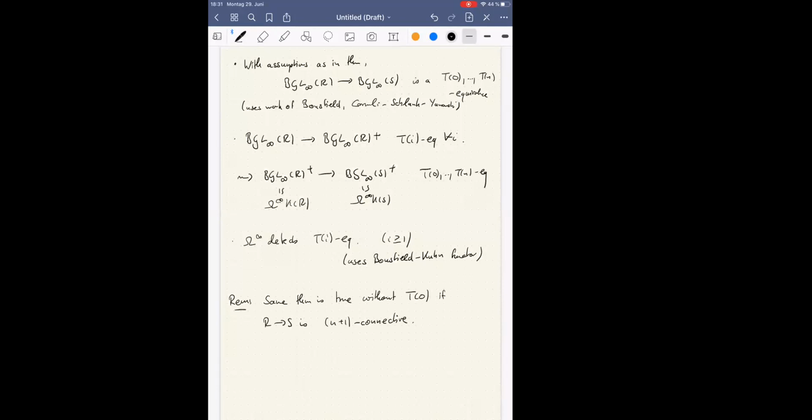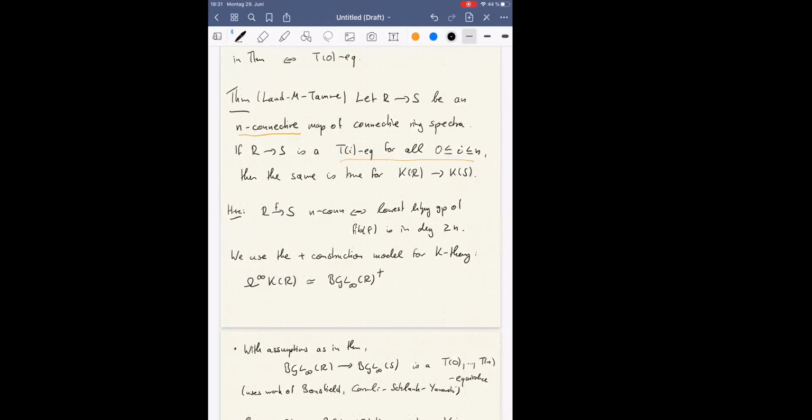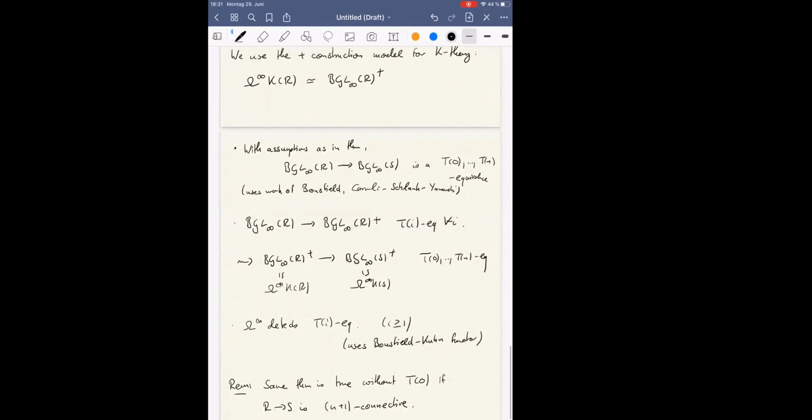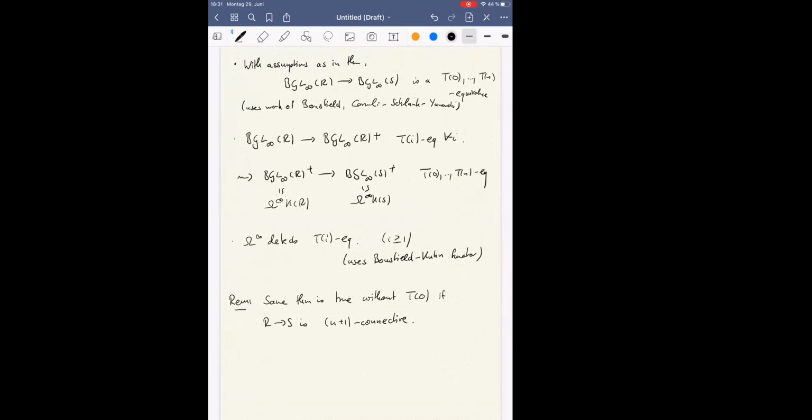So we can also just work with T1 to Tn instead of T0 to Tn. If you compare, here we have n connective; if we go one further, then we have this also.